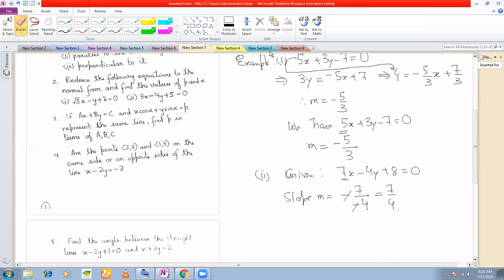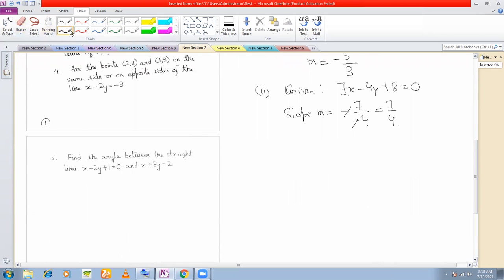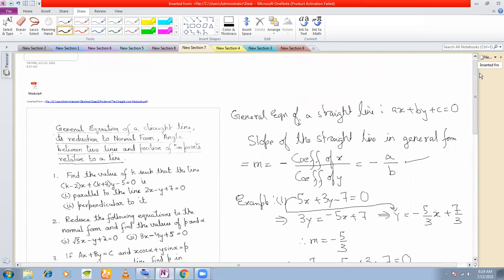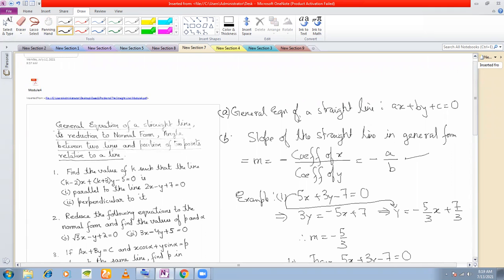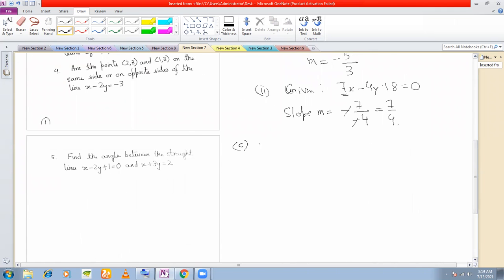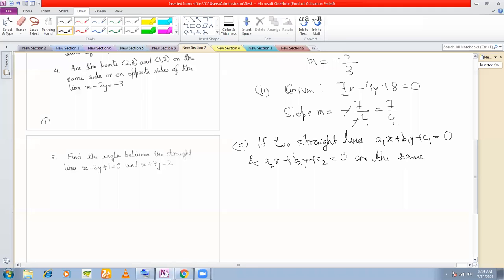The next thing that you must remember here is that if two straight lines a1x plus b1y plus c1 is equal to 0 and a2x plus b2y plus c2 is equal to 0 are the same, then we can write that the coefficients must be proportional.